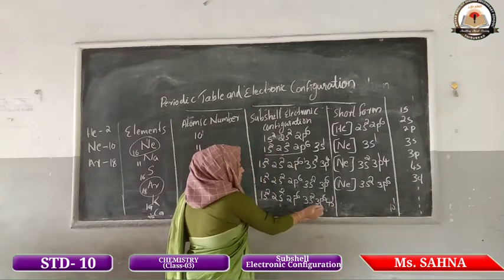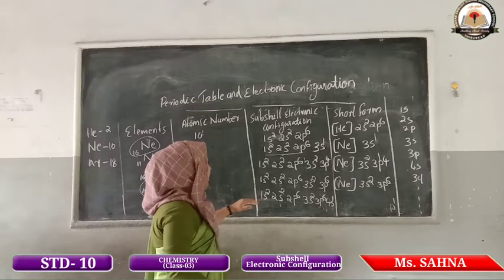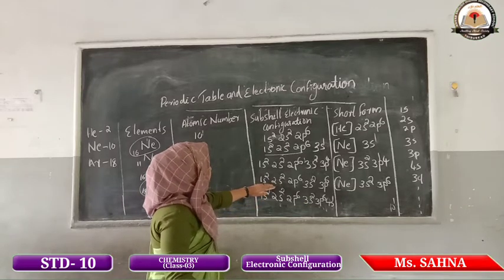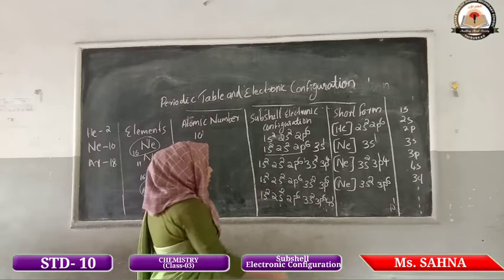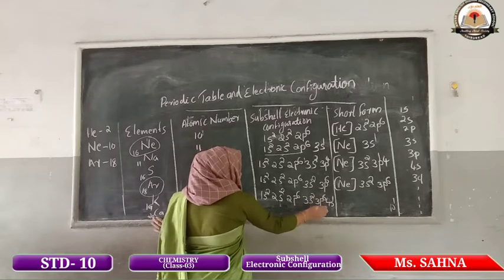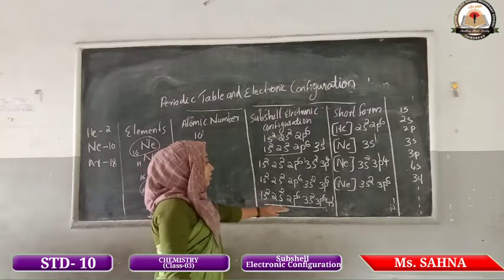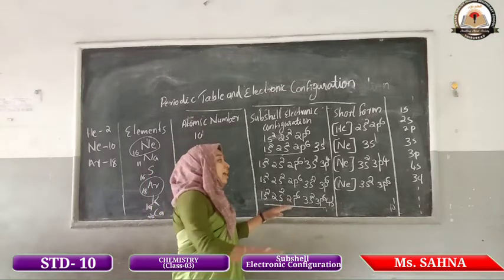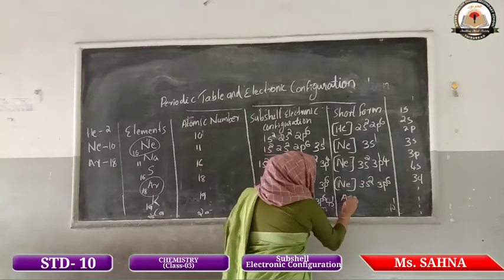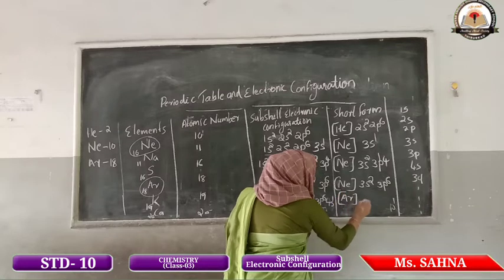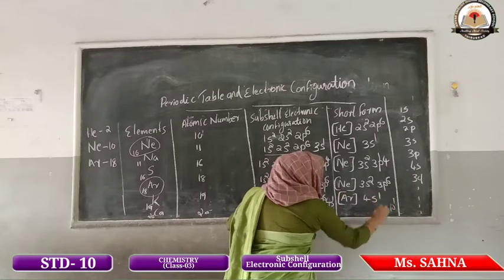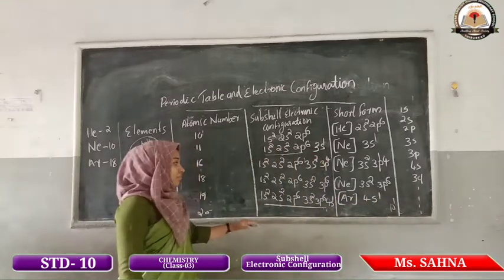How do we represent this? We know that the subshell electronic configuration of argon has 18 electrons. So this part is the electronic configuration of argon. We write argon in a square bracket, then 4s1.